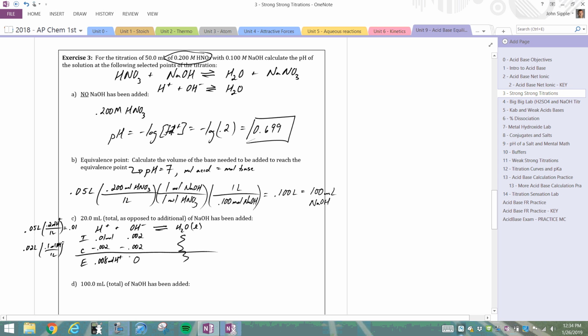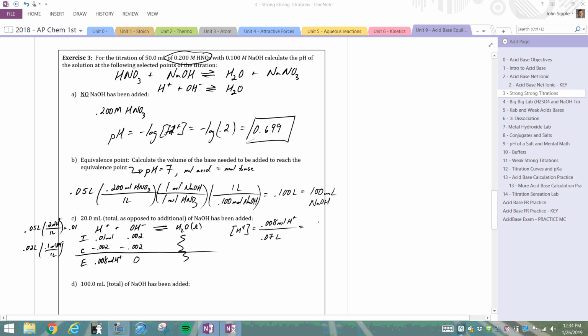And we need to know what the concentration of H plus is in solution, right? We know that there are 0.008 moles of H plus in solution. And what's the new volume of our solution? Well, we start with 50 milliliters. We added 20. So now we have 0.07 liters.